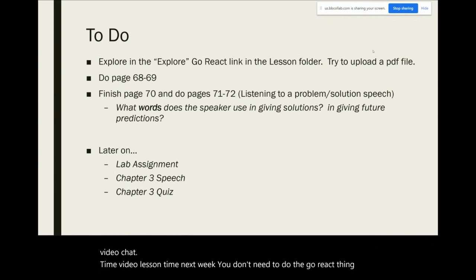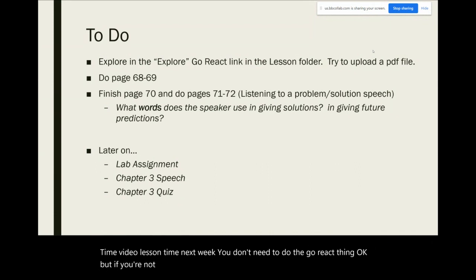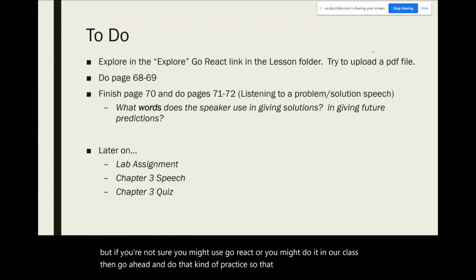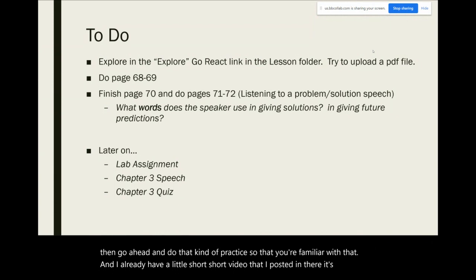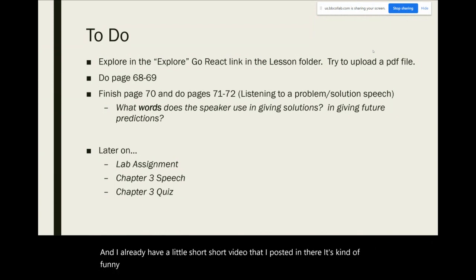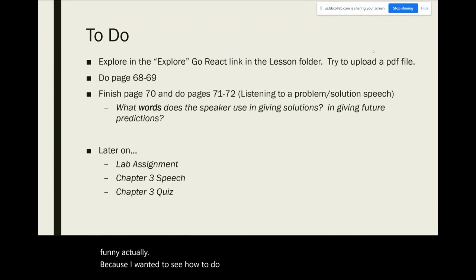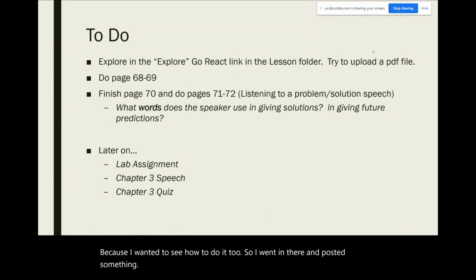But if you're not sure, you might use Go React or you might do it in our class, then go ahead and do that practice so that you're familiar with it. I already have a short video that I posted in there. It's kind of funny, actually, because I wanted to see how to do it too, so I went in there and posted something. Okay, so that's the homework.